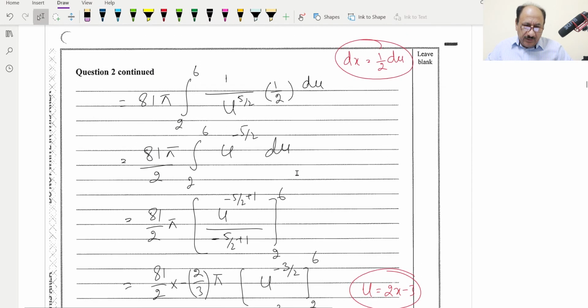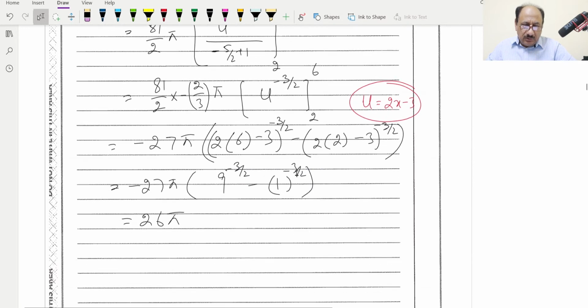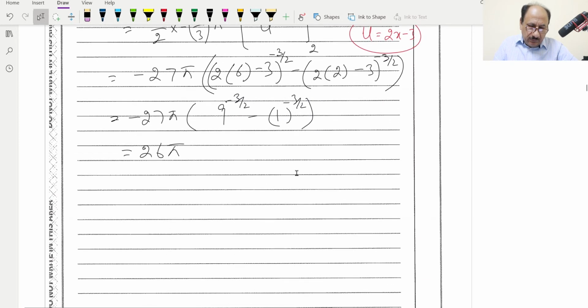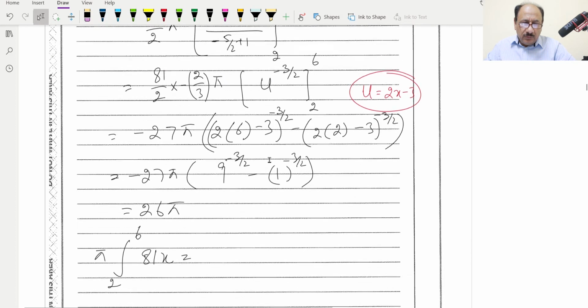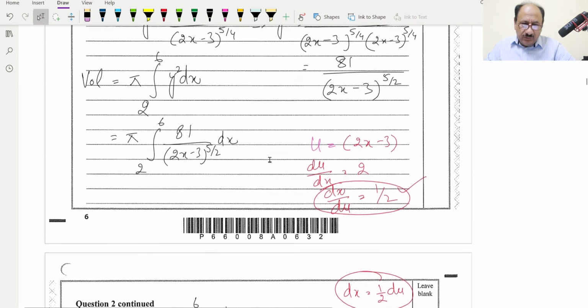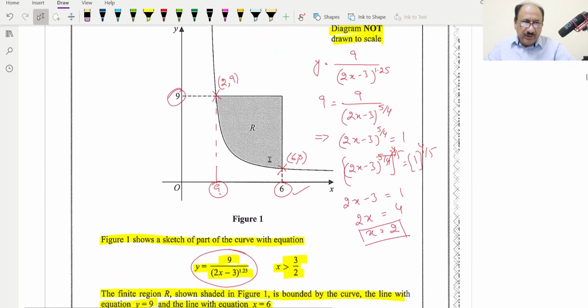Now we can find the integral of pi times 81 from 2 to 6. This will be the area which we want. This shaded area is what we get when we subtract this one.